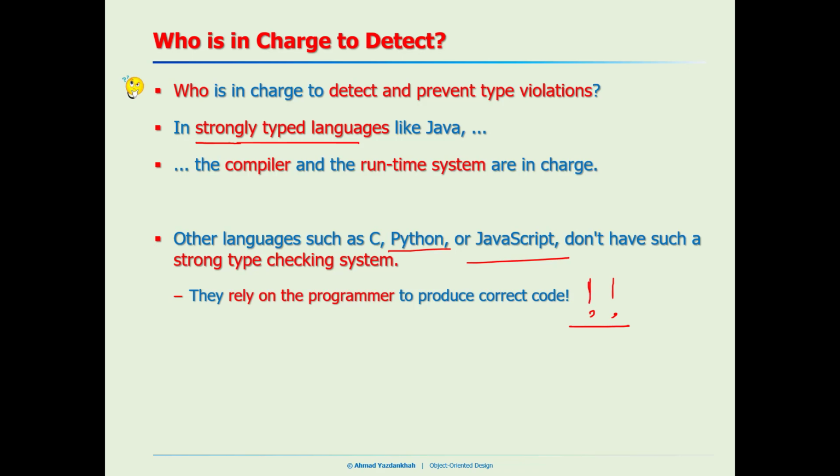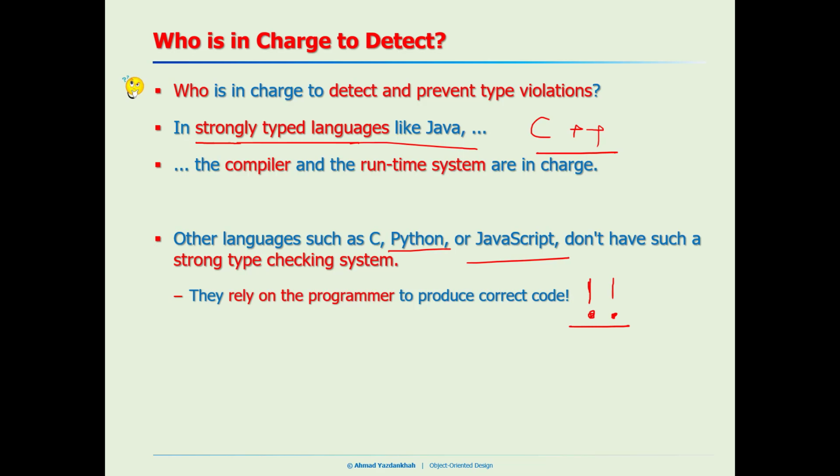We cannot rely on the skill of the developer. As I said many times so far, we always need to assume that the user of your code is a rookie. So we need to be very careful, and we expect that the language helps us. And Java is that kind of language. Of course, we have other languages. For example, C++ is the same, but it's not as strongly typed a language as Java is.